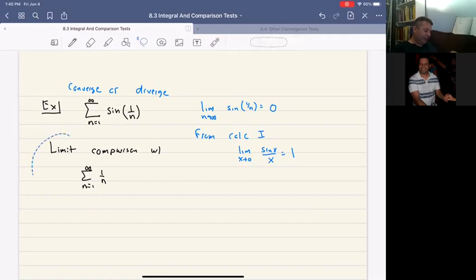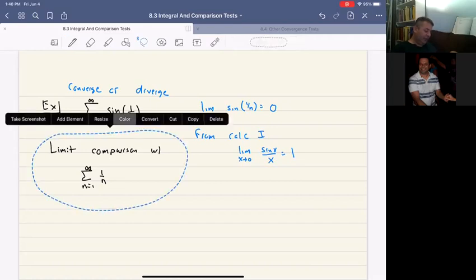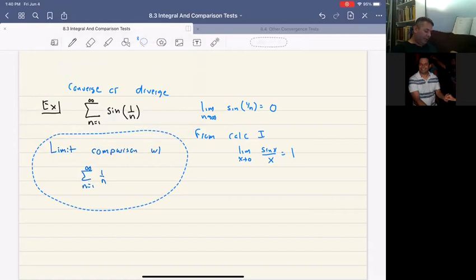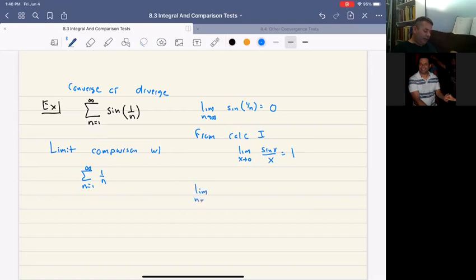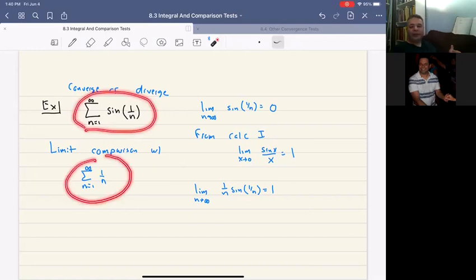Since the limit as n goes to infinity of 1 over n times sine 1 over n equals 1, that means that the convergence of this tracks with the convergence of this.